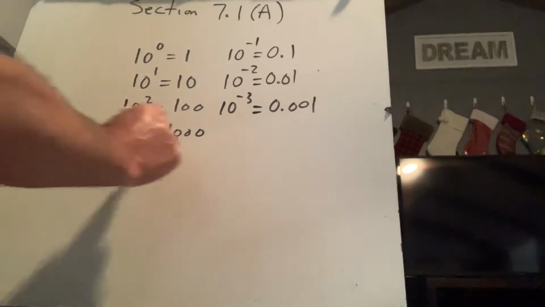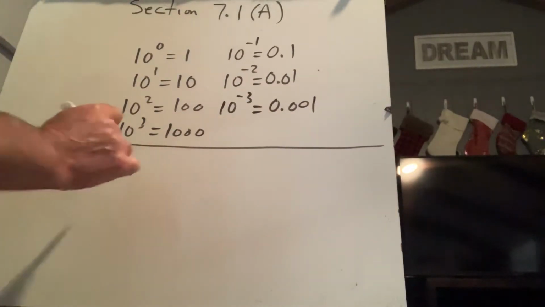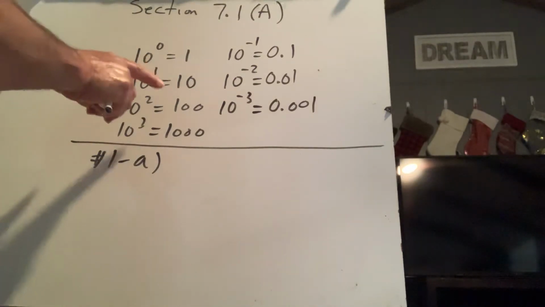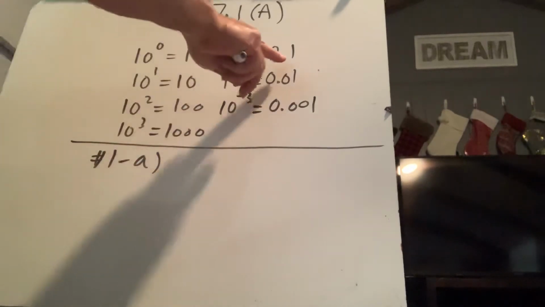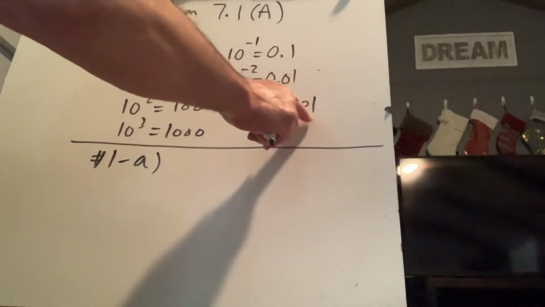Let me see if I can squeeze number 1, part A here. Problem number 1, part A. It says to write each of the following as a sum in expanded place value form. So when they say place value form, they're talking about first place, 10th place, 100th place, 1,000th place.